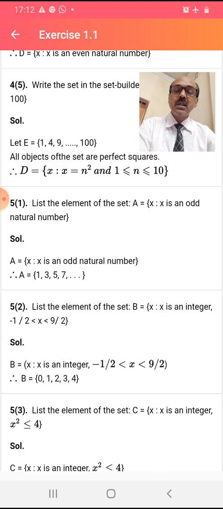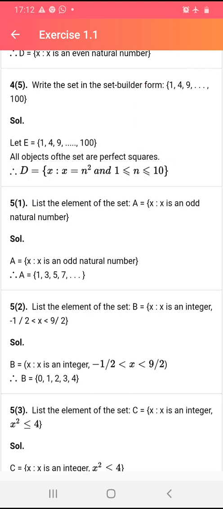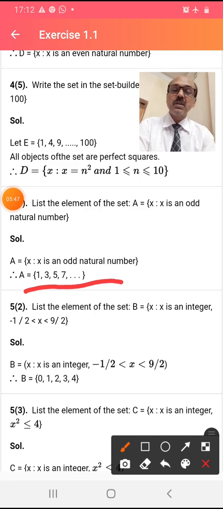So 1, 3, 5, 7, like this, that is odd natural numbers: 1, 3, 5, 7, and so on. Write them within set brackets always. Without set brackets it is not a set, it is only numbers. So always, for a set, you have to use set brackets.